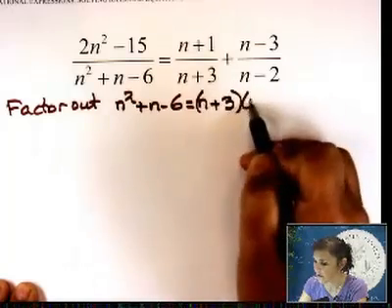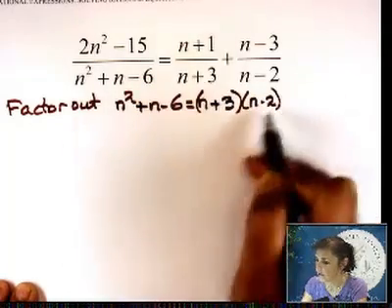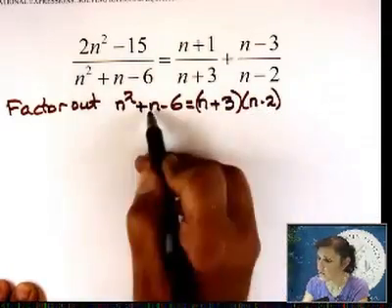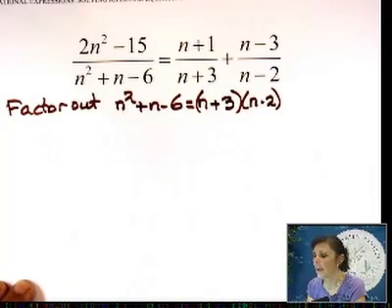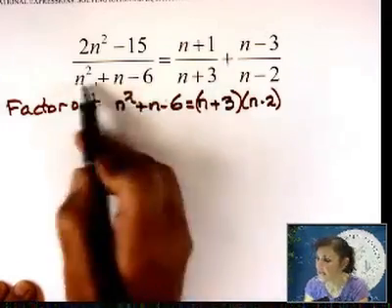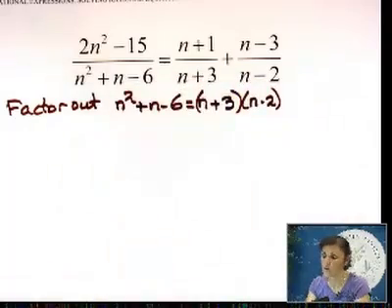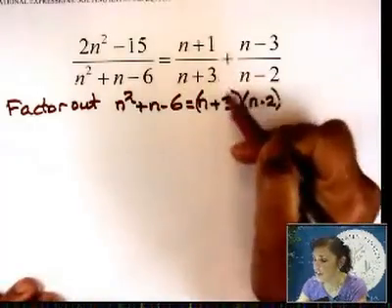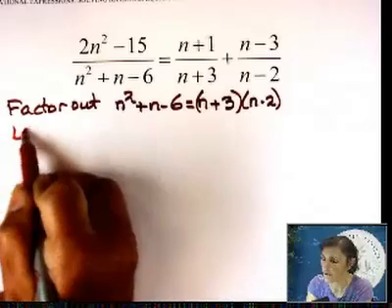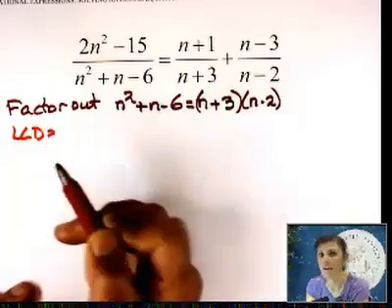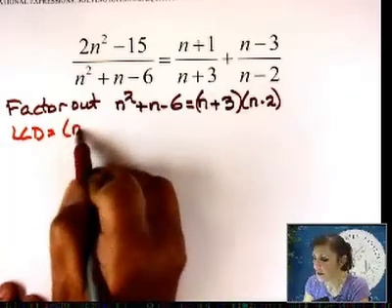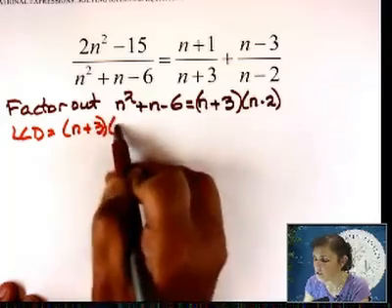Does that work? This one will give you negative 6, 3 minus 2, 1. Oh, okay, good. Now, it looks like this one has n plus 3 and n minus 2 in it, and this one's n plus 3 and minus 2. So these two can go into that. So my lowest common denominator is simply n plus 3 and n minus 2.